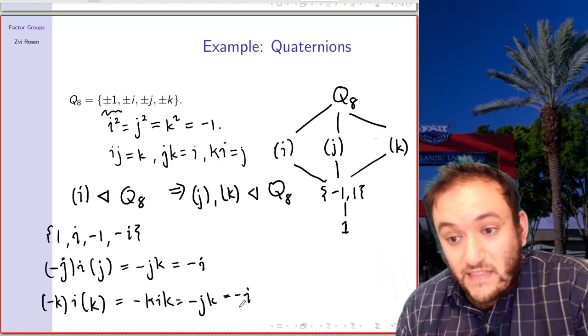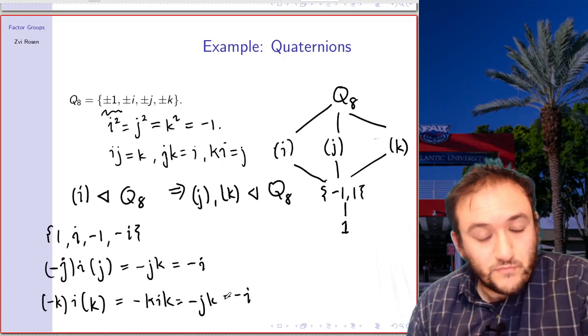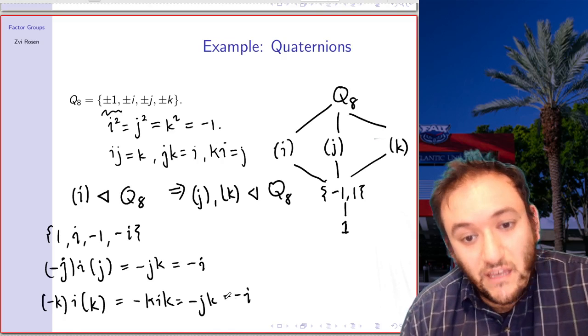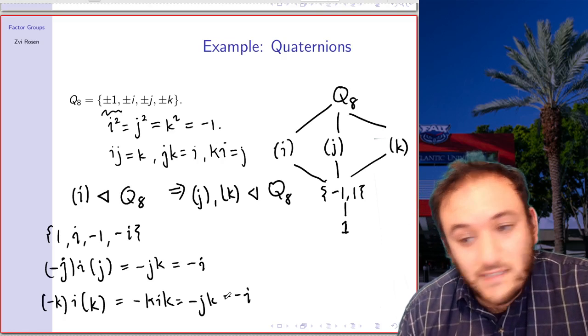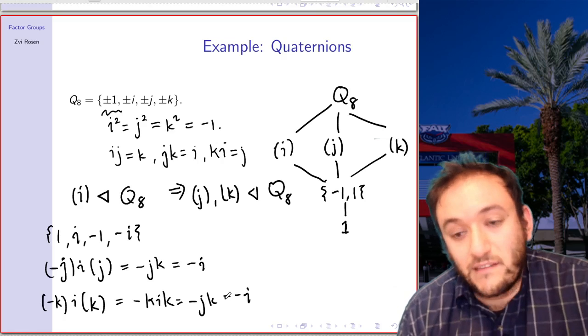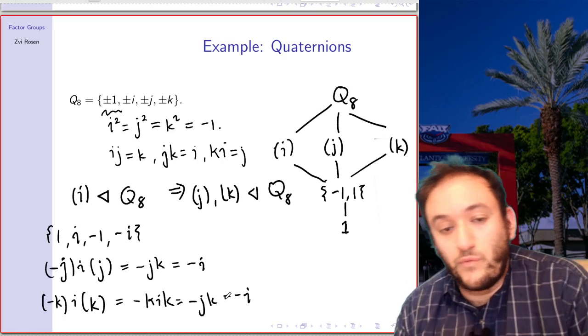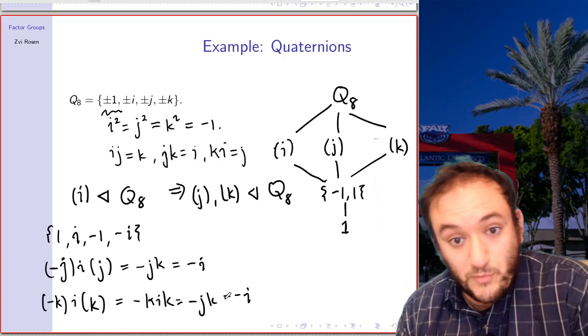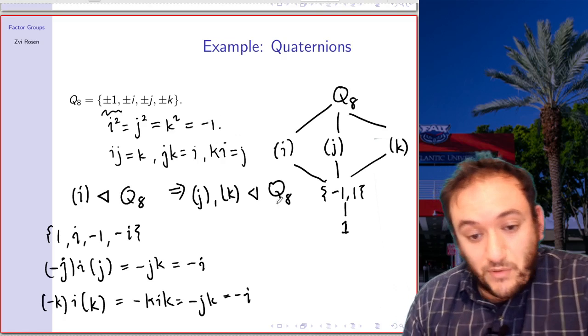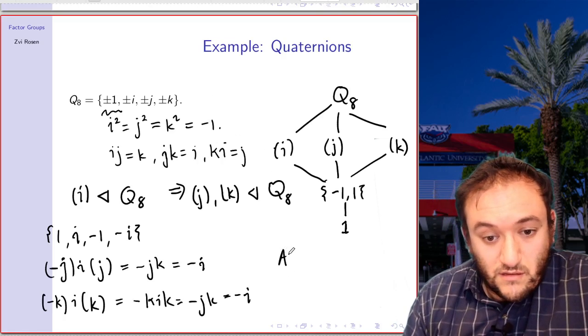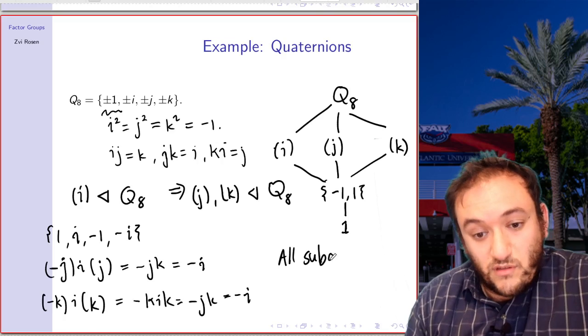This indicates that the subgroup is normal. What's interesting is that even though every subgroup is normal in this group, it's not an abelian group. The converse happens to be true: whenever you have an abelian group, all subgroups are normal. But as we can see from this example, all subgroups are normal without the group being abelian.